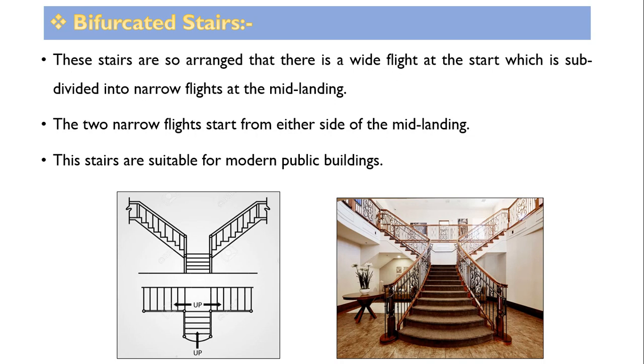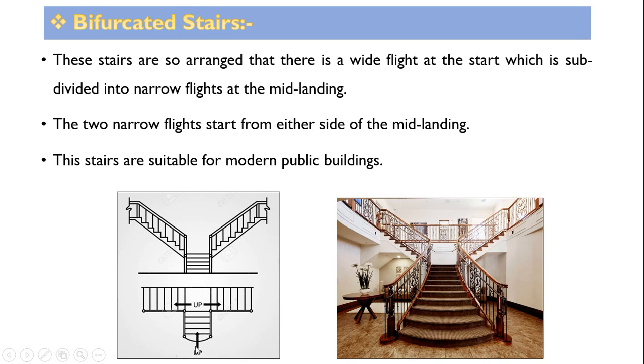Now coming to bifurcated stairs. As its name suggests, here a single flight is bifurcated into two additional flights, and that is what is called bifurcated stairs. These stairs are arranged so that there is a wide flight at the start, which is subdivided into narrow flights at the mid landing.